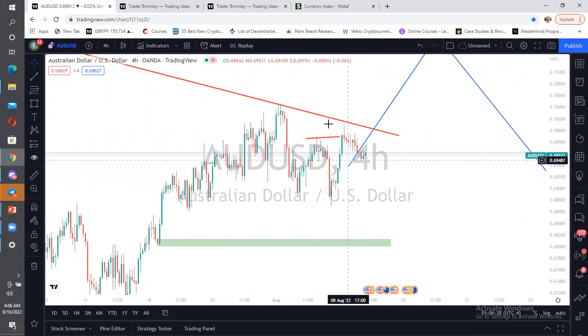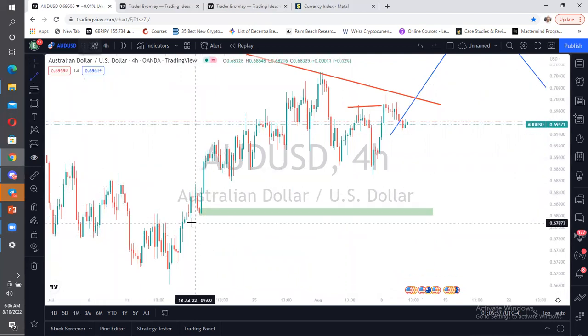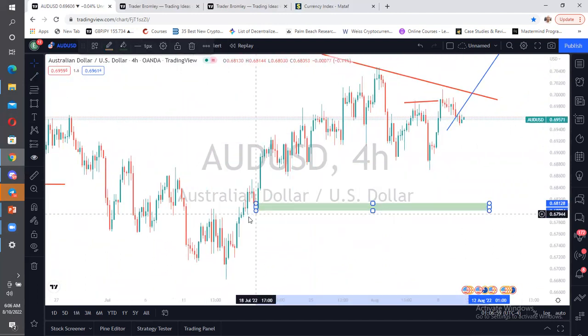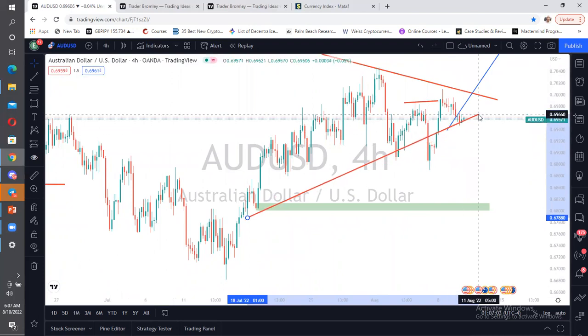Now, mind you, we have liquidities resting here. And this liquidity has not really been taken out. This one is taken out.